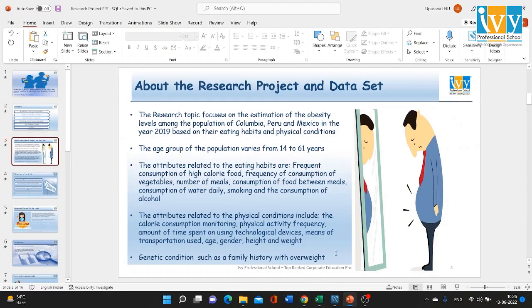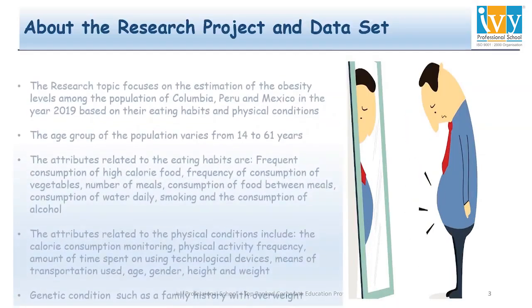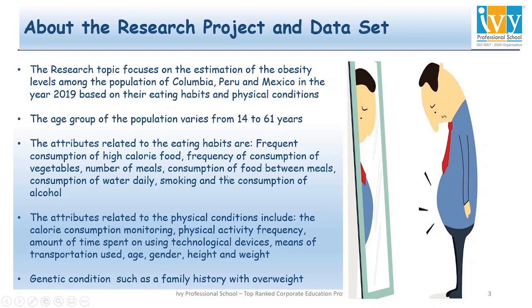Now, coming back to the attributes that I have talked about. The attributes relating to eating habits are frequent consumption of high calorie food, frequency of consumption of vegetables, number of meals taken in a day, consumption of food between meals, consumption of water daily, smoking, and the consumption of alcohol.